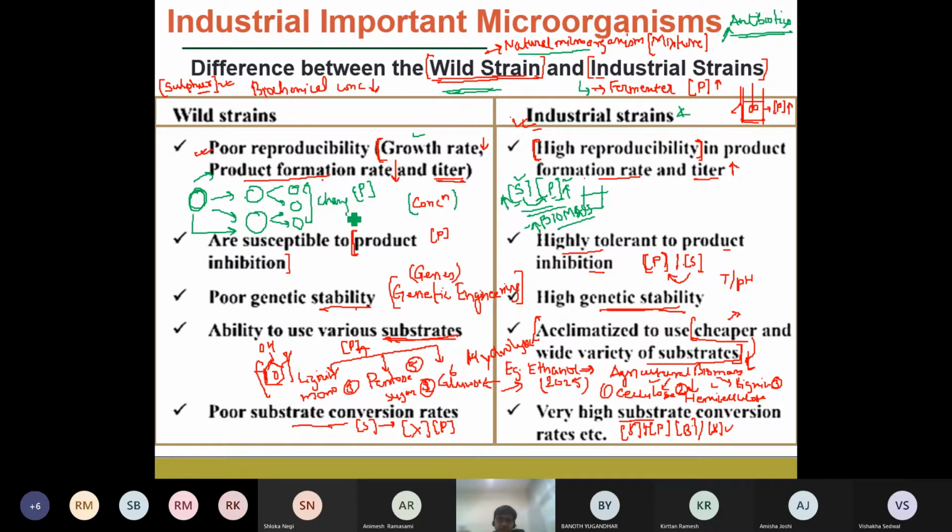Sometimes there are phenotypic or genotypic changes, and because of those changes, their productivity and the quality or concentration of the products they produce is going to change. This is not desirable when we are developing industrial strains, because industries would like to have a strain with very high productivity, and the quality and concentration should be consistent.